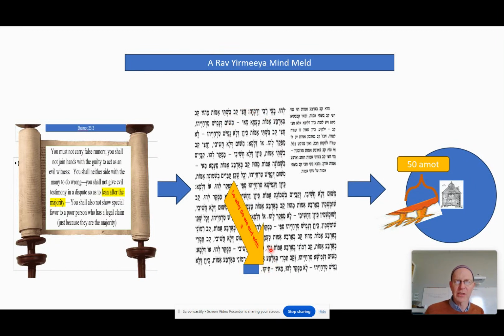And so question number one is, what did Rabbi Yirmiyah do in this case? What was his method of showing that our final decision is going to be that we can't figure it out, right? How did he show it?